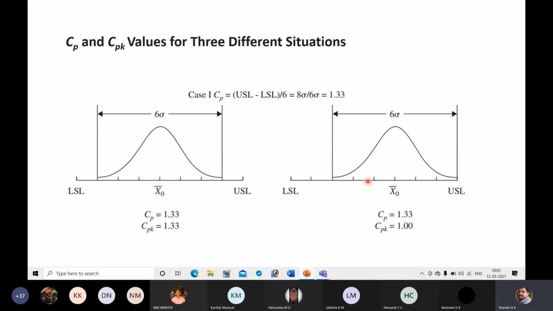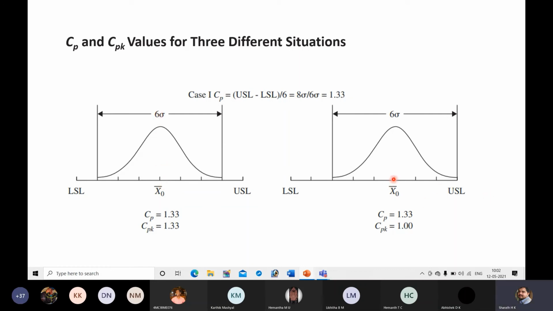Next, suppose it is off centered. This is a process which is centered, because you are getting the peak at the mean. Here you are getting the peak at the target.